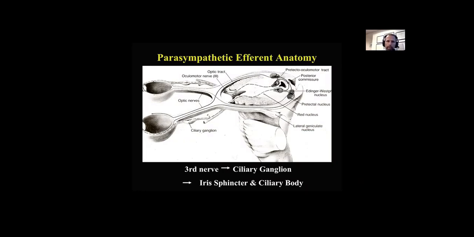Then the parasympathetics travel with the third nerve and branch off in the branch of the inferior oblique muscle, finally going on their own to the ciliary ganglion, which is located in the inferolateral portion of the orbit, and then onward as the short posterior ciliary nerves from the ciliary ganglion to the iris sphincter and to the ciliary body.